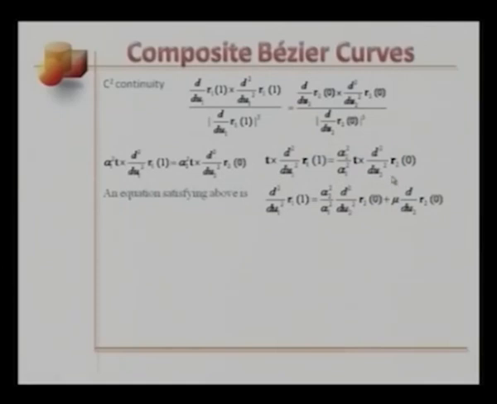Let's see how this relation satisfies this condition here. If you plug in the right hand side in place of this term, you'll get T crossed with alpha 2 squared over alpha 1 squared times d2 over du2 squared of r2 at u2 equals 0, which is this term. And what happens to T crossed with dr2 over du2 at u2 equals 0?